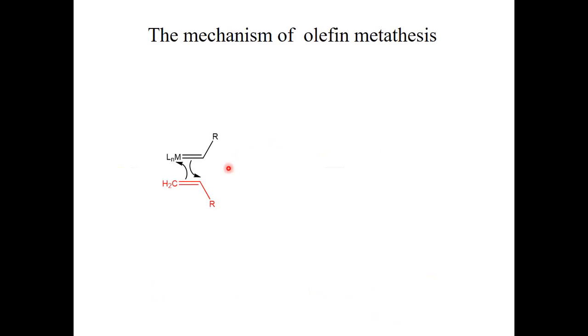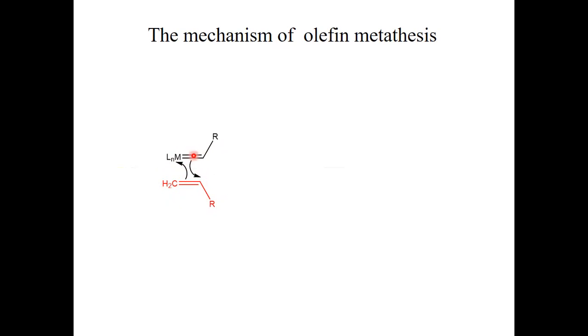So here's the mechanism. The reactive part within the catalyst is actually the carbene unit, okay? Where you have a double bond between the metal and the carbon. And that carbene unit can undergo a 2+2 cycloaddition reaction with the reactant olefin. Okay?